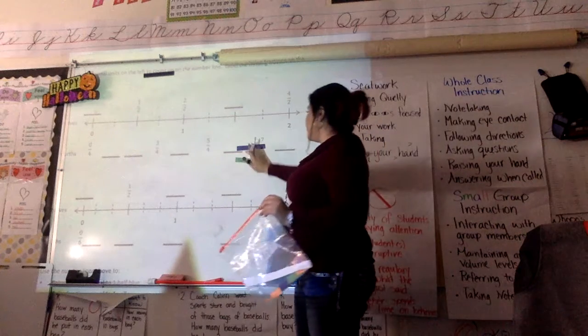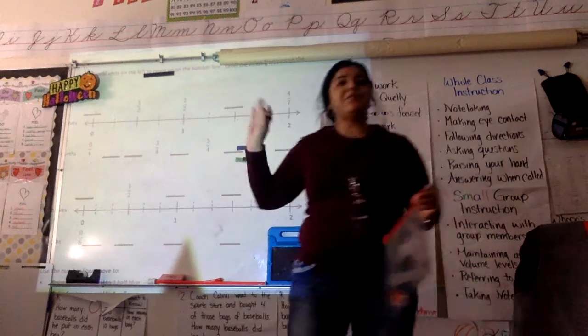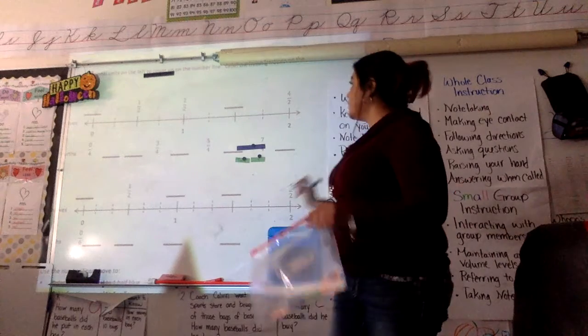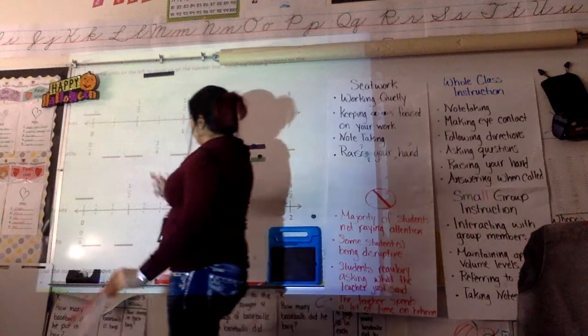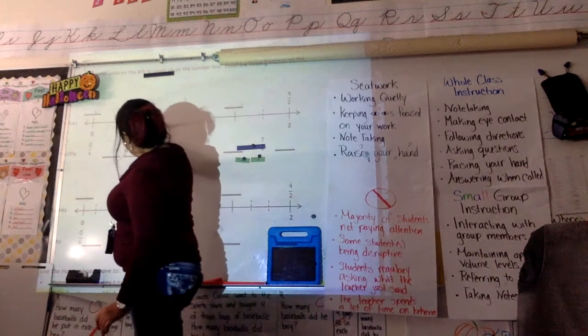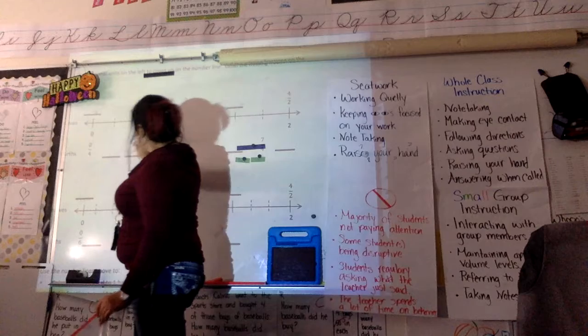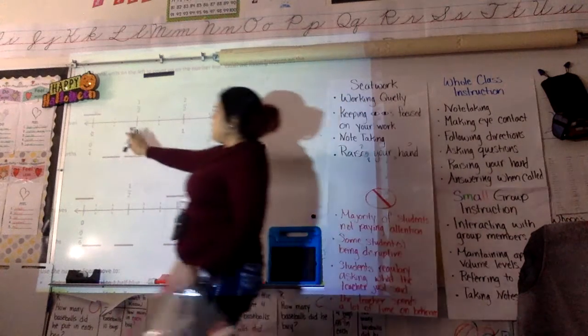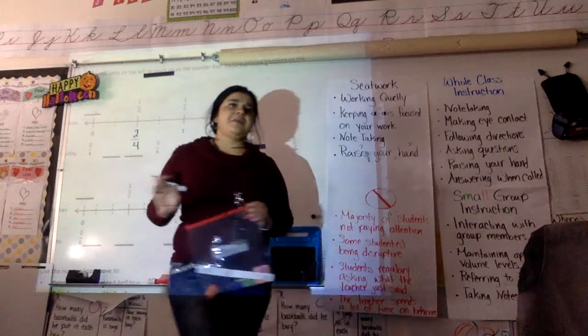We have a half, and how many fourths equaled that half? Colt. 2 fourths. So if we're looking at this half point, we would write in 2 fourths. So what would this line therefore be?